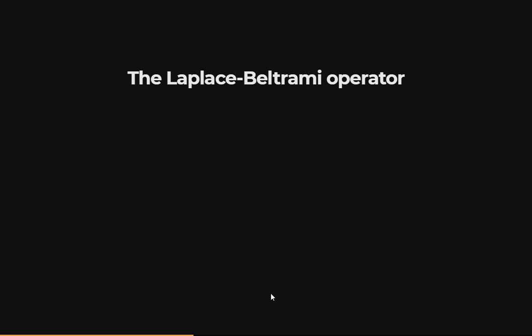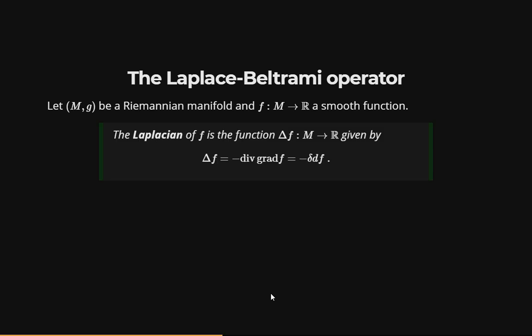Now, once you have this, the Laplace-Beltrami operator: on a Riemannian manifold, for a smooth function f, the Laplacian of f is given as minus the divergence of the gradient, or minus the codifferential of the differential. Now, why is it called Laplace-Beltrami?